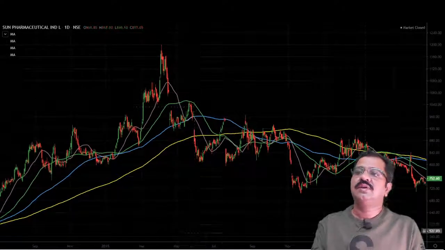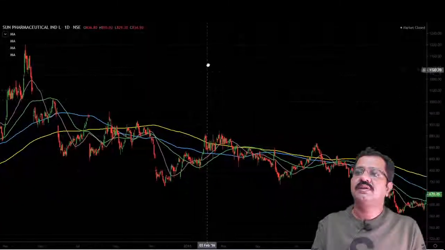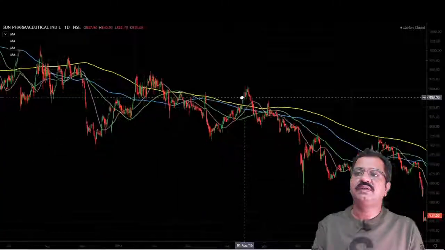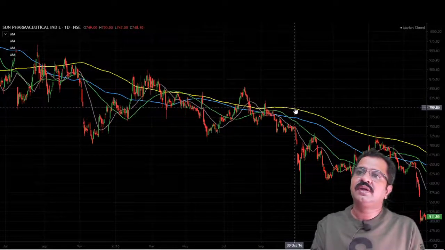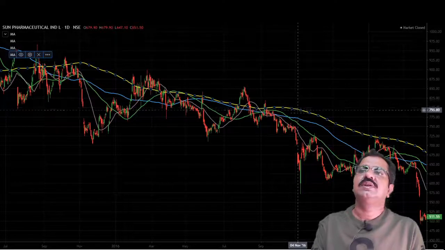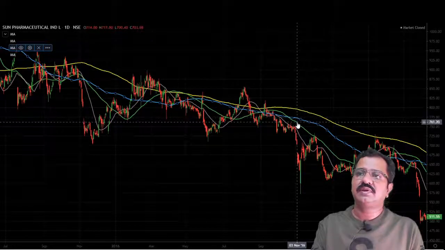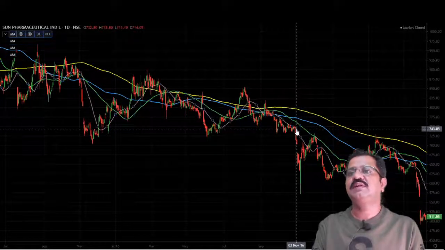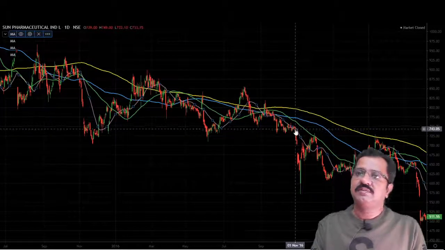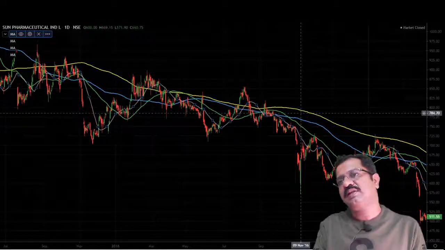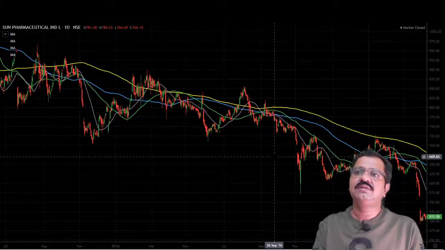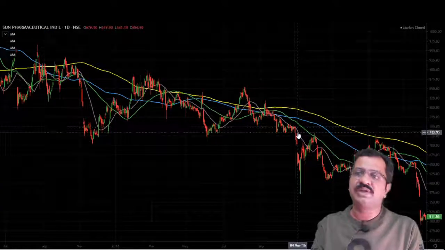See, now here somewhere it started going down, right? So here, say this is 200 moving average, then 100 moving average, then 50 moving average, and then 20 moving average. And they're expanding, and it is bearish, right?